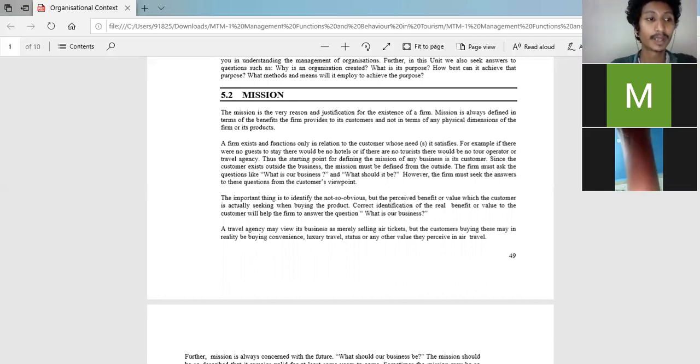Okay, you have a mission that will provide service to customers in the airlines industry, or will provide service in the hospitality sector. So where we will provide service and what fields we are in, that is called mission. Our mission is to give customers budget hotels or luxury hotels. This is the mission. What will you do?